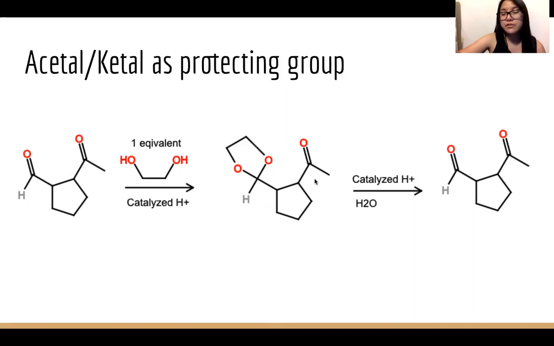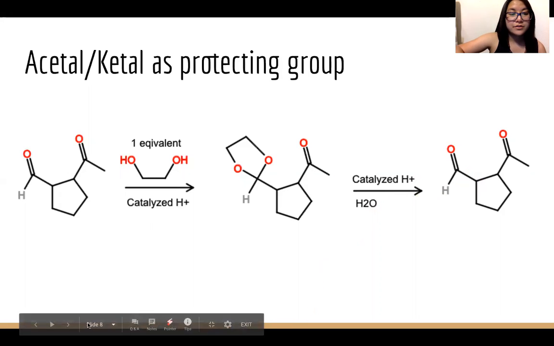And then say you go through another reaction, and now you need to take the protecting group off, right? You need to take the cap off. To take the protecting group off, you use catalyzed H plus and H2O, and it brings it back to the aldehyde. So let's go through another example of how this is applied.